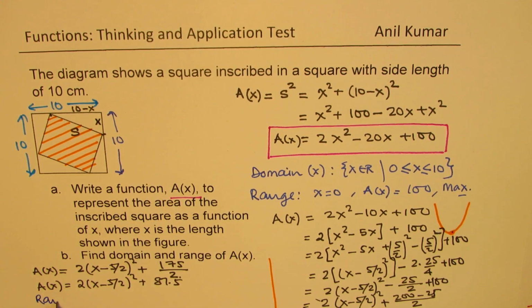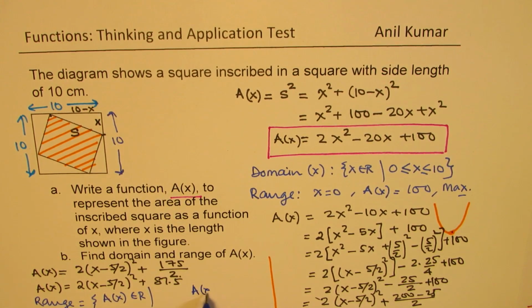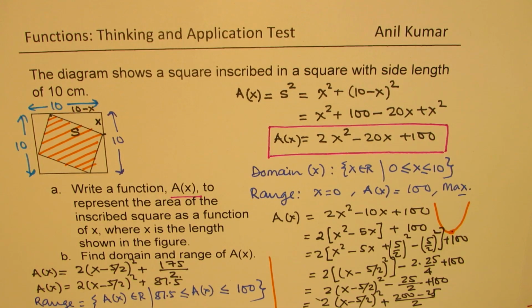So the range for this particular function is, you could write this as area A of x belongs to real numbers, where A of x is greater than or equal to 50 and less than or equal to 100, correct? So that is how you can actually get the domain and range of this particular function. So I hope that helps to understand the strategy to solve such questions.